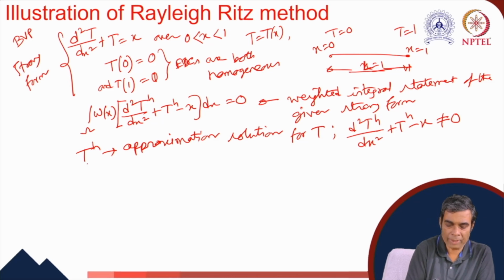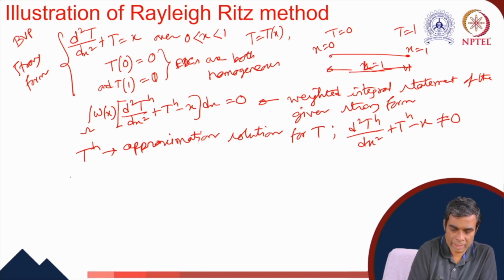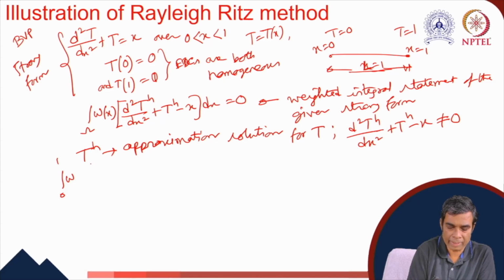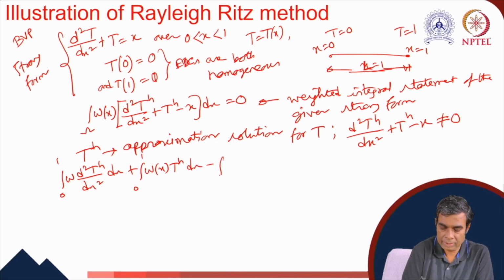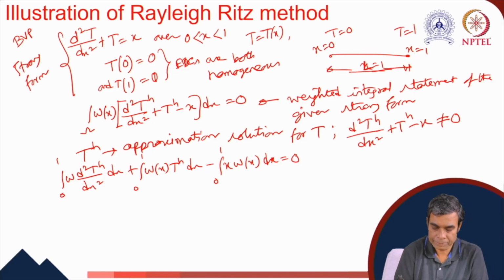So we can perform the integration by parts for this expression, where omega is varying from 0 to 1. So w(x), we write it in short as w, d2Th/dx2 dx plus integration 0 to 1 w(x) Th, Th is also a function of x, dx minus integration 0 to 1 x w(x) dx equals 0.